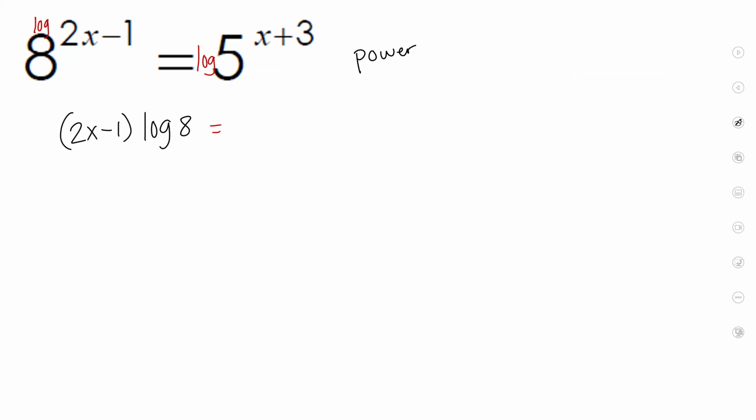So we'll have equals x plus 3 times log of 5. So first, guys, we took the log of both sides. And then we did the power property. Okay, so here we are. Now, there's different ways you can solve this.